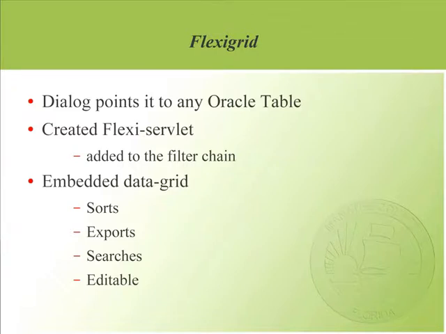The Flexigrid dialog is configured to point to any one of our Oracle tables and then embeds that data into one of the pages. So we've added another servlet to the filter chain to handle requests made by Flexigrid. After the Flexigrid's been added, a user can sort, export data, search the data, and it's even editable. So it's pretty neat. And now our editors have a quick way to share their data with other people online.